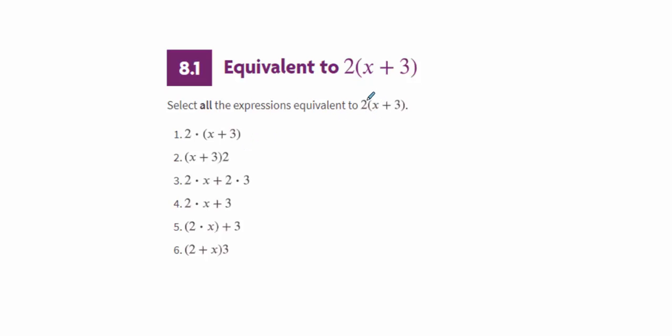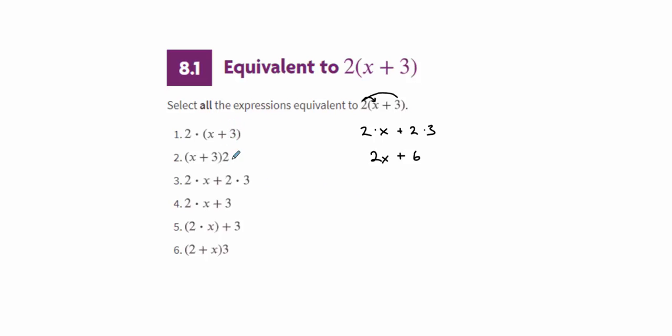So if we take 2 times x, that's going to give us 2 times x plus 2 times 3. Or I could just simply write it as 2x plus 6.